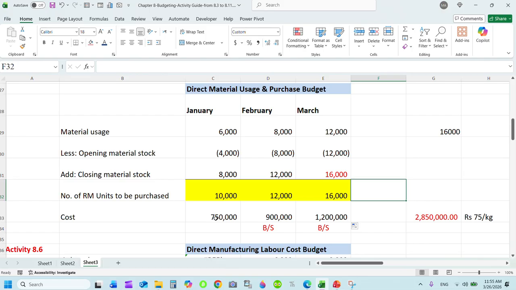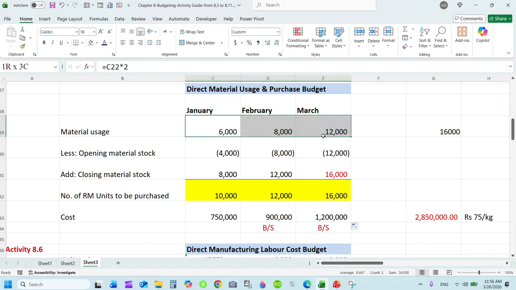We need to purchase raw material worth 750,000 for the month of January. For February, we need to purchase raw material worth 900,000. And for March, we need to purchase raw material worth 1.2 million. So this is the purpose of preparing the direct material usage budget and purchase budget.